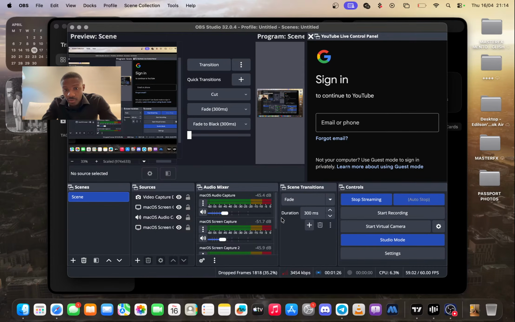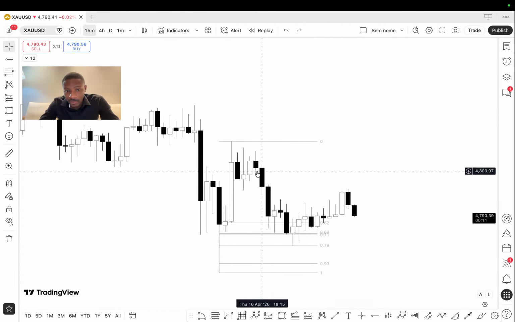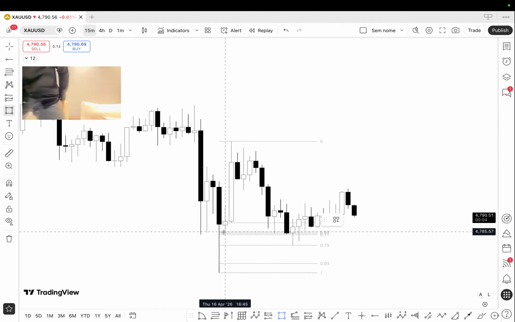I hope that the quality is good. Let me just see if it's good. Okay, it looks like the internet connection is okay. All right. Yeah, so this is what we want to be looking at right now. Let me just see. Get my other device.